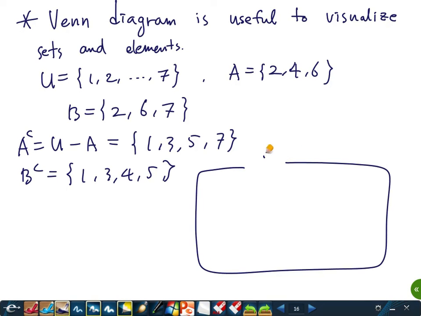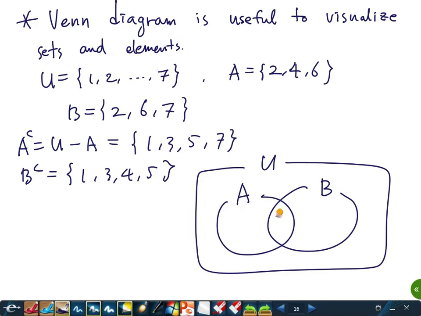And so the Venn diagram is this. You draw U like this, and we have two subsets of U, A and B. Then we have regions, and we write elements in the intersection of A and B if they are both in A and B. What is the intersection of A and B? 2, 6. So you write 2, 6 over there.